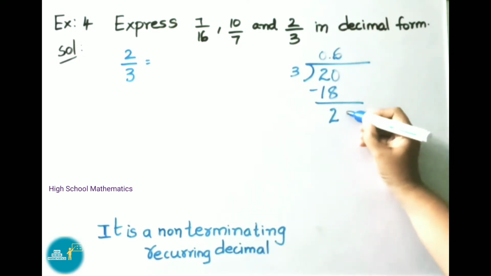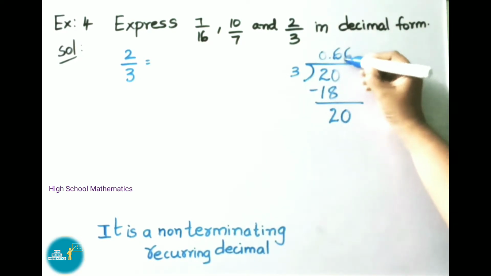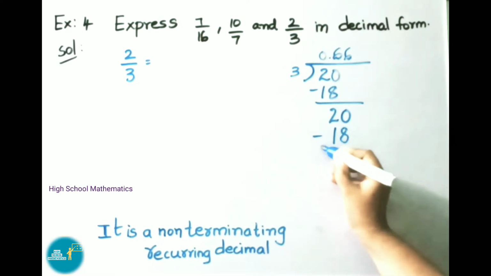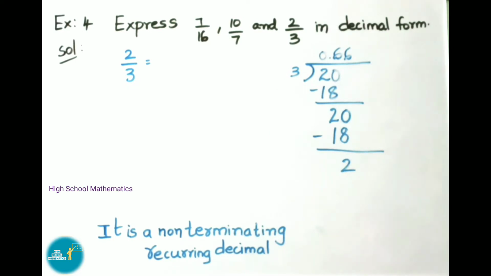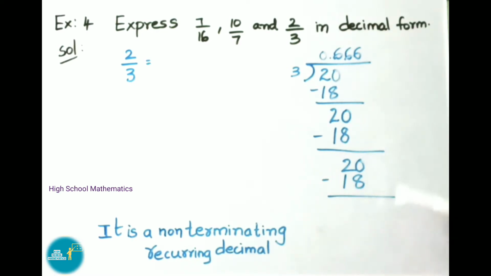Here decimal is there, add a 0 here. Again the number is 20. Again 3 sixes are 18. 20 minus 18, again we get a remainder 2. Decimal is there, add a 0. Again 6 times 3 is 18. So again and again we are getting the same answer.